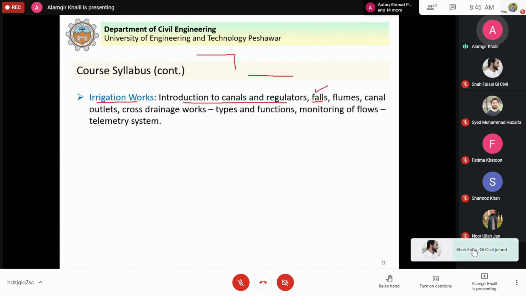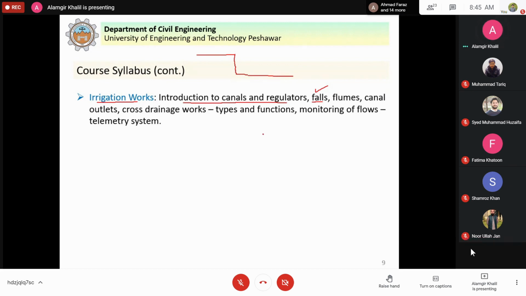For example, you might have studied in the hydraulics course about chutes and drop structures. So we call them canal falls. Flumes: we have an open channel that carries water at or above the surface of the ground. Similarly, we will study about the canal outlets.